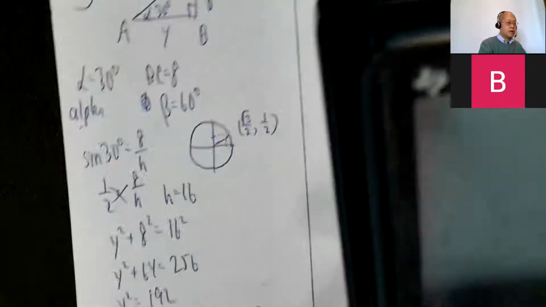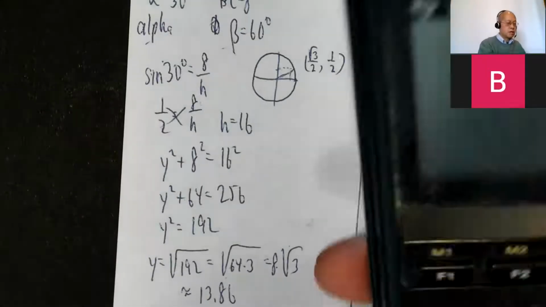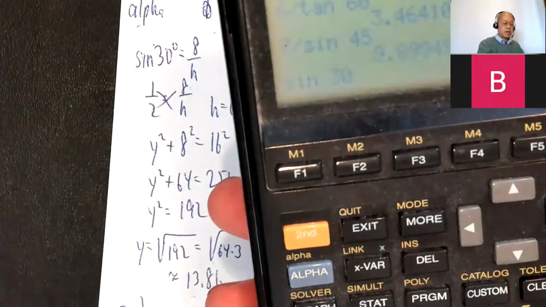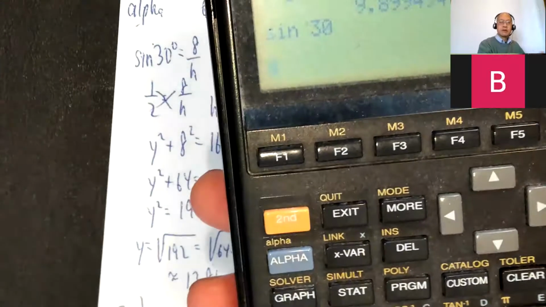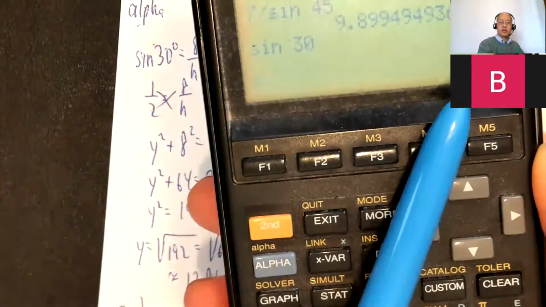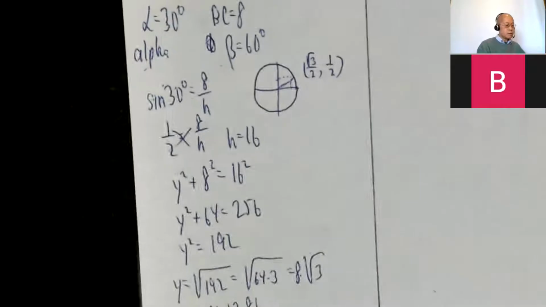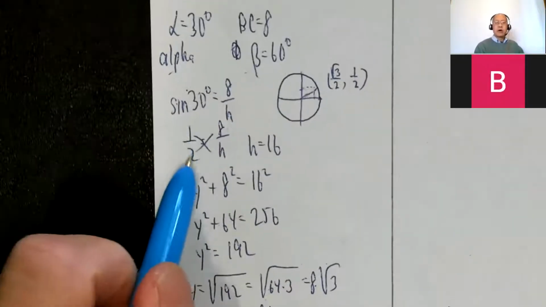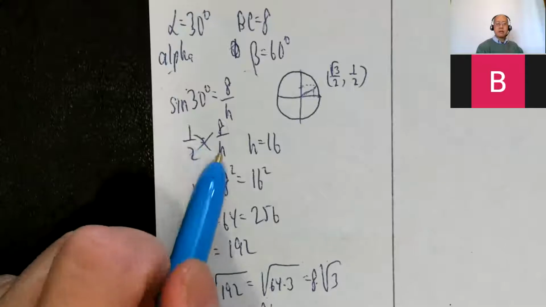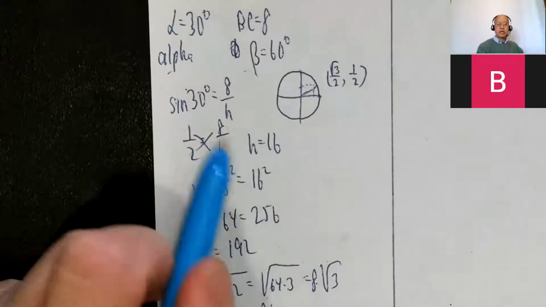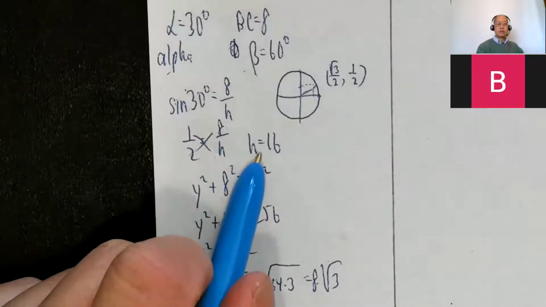Or of course, you could just use your calculator. Sine of 30 is 0.5, which is a half. So 1/2 equals 8 over h. Cross multiply. 1 times h is h, 8 times 2 is 16. So h is 16.